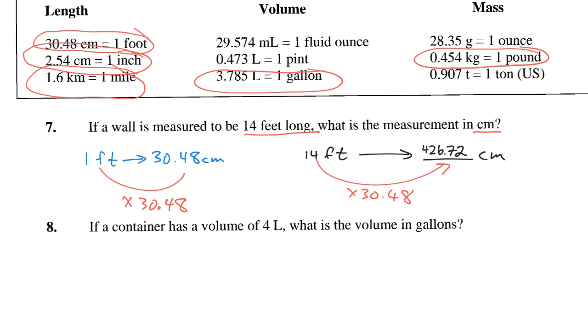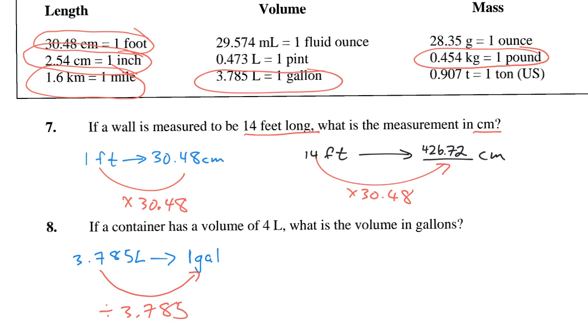So remember, 3.785 liters gives us 1 gallon. And we can write 1 gallon as 1 GAL. Then, what that tells us, in order to move from here to here, we have to divide by 3.785 to get 1 gallon.